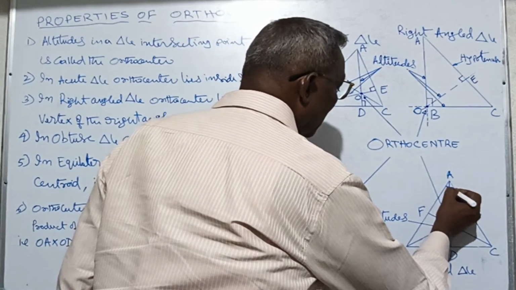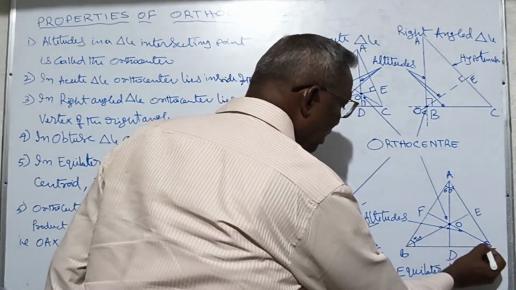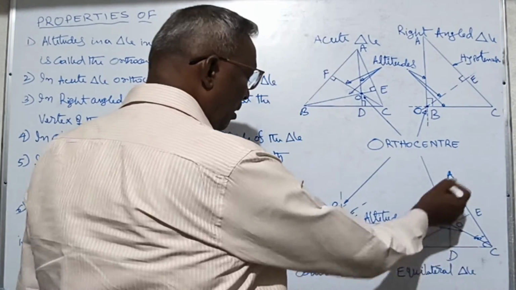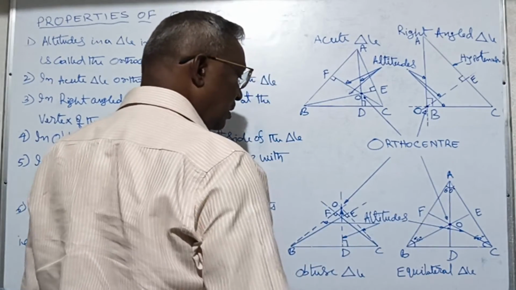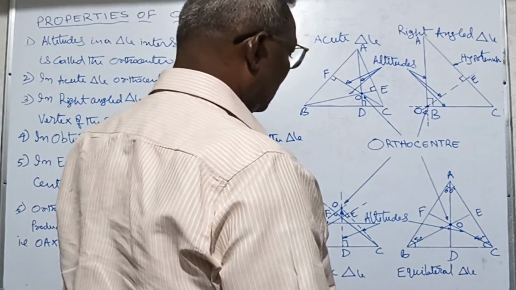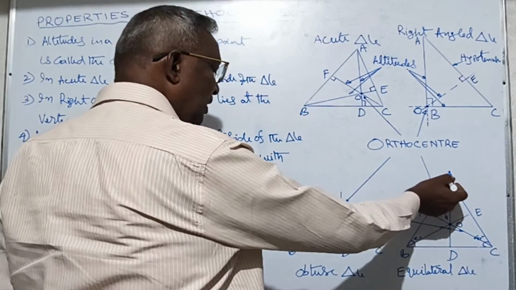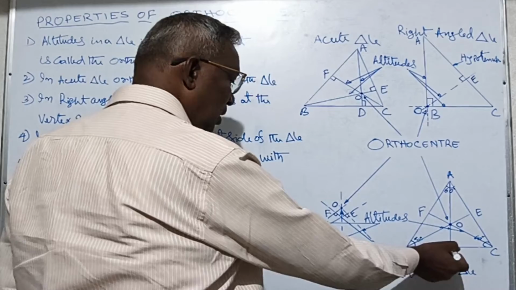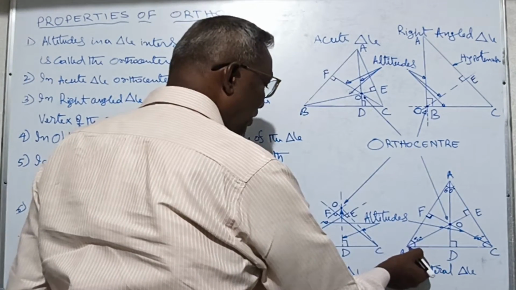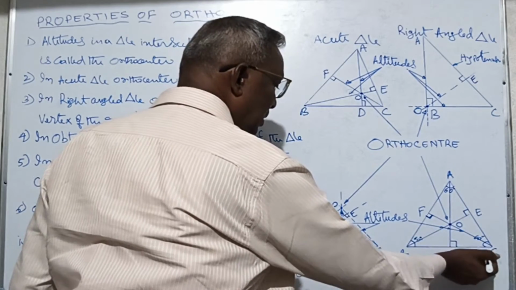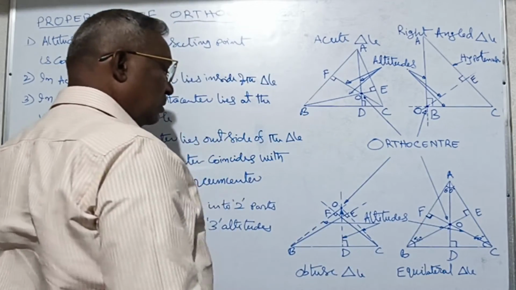So here 60 degrees, here also 60 degrees, here also 60 degrees. Here, in equilateral triangle ABC, from vertex A perpendicular to the opposite side, from vertex B perpendicular to the opposite side, from vertex C perpendicular to the opposite side.